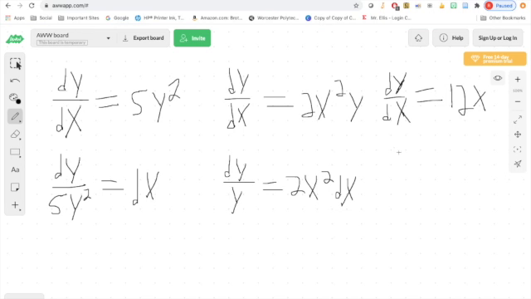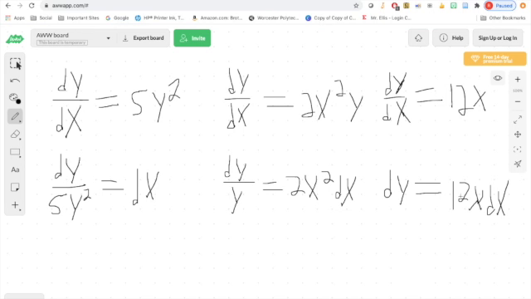Now here's the last example, and this is going to be a very simple example. The dy is going to be on this side by itself. The dx moves over, 12x dx. And that's going to be our final answer there.